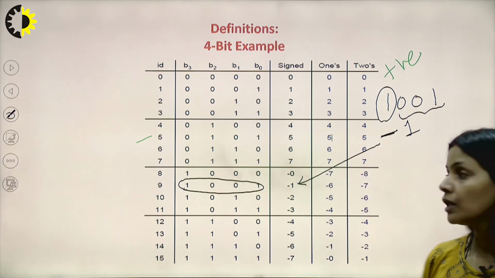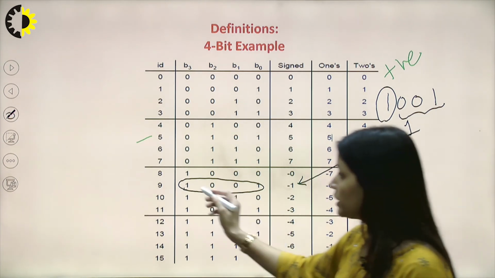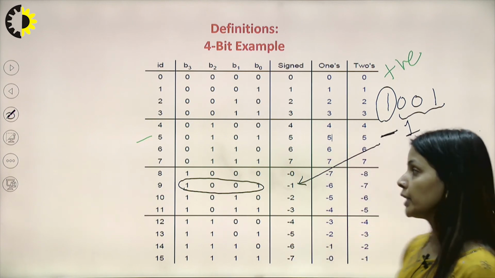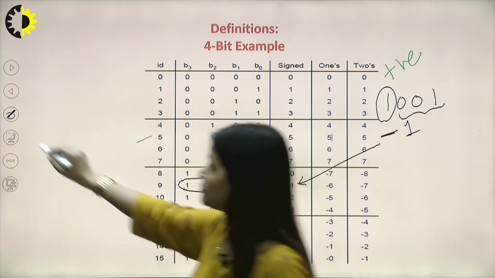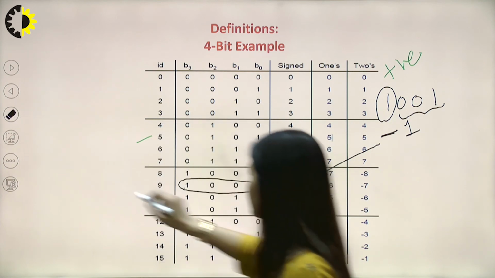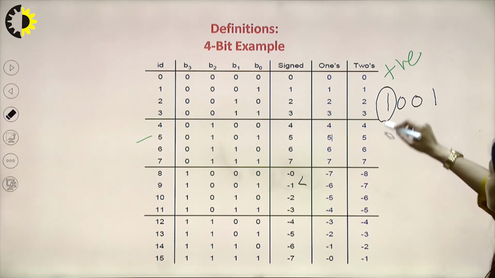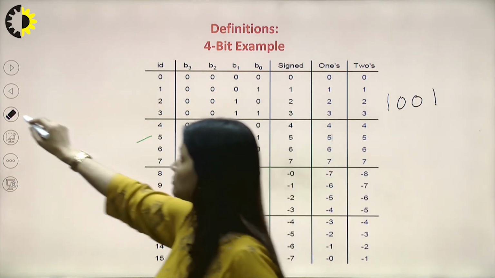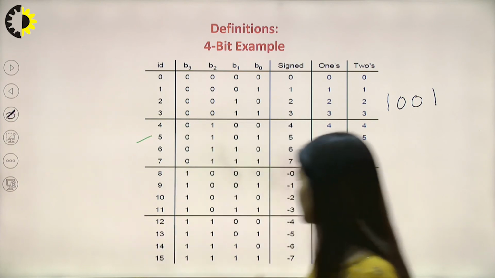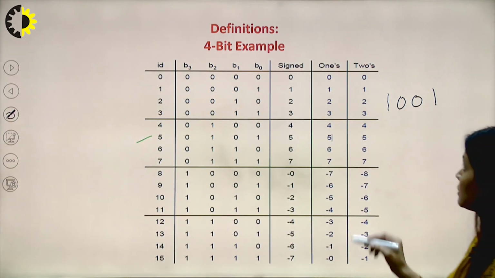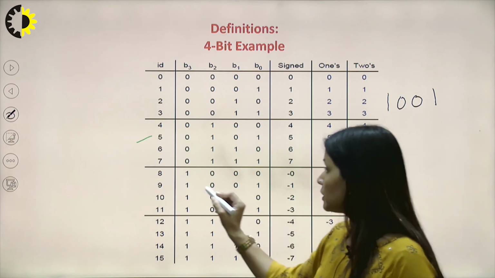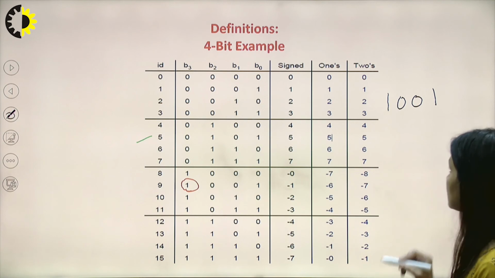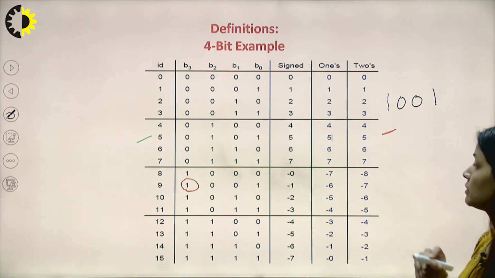Now let's say this binary representation denotes the 1's complement form. How will we go? Since the first bit is 1, I will write a minus here.